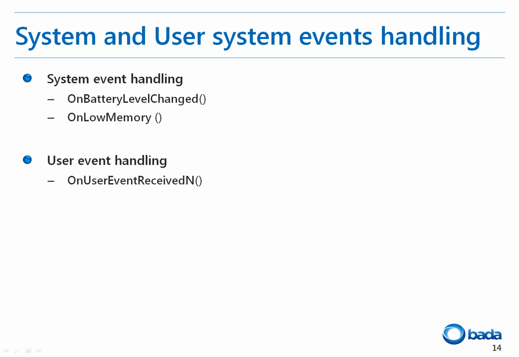To address the low memory state, the application can free unused memory from the heap in this event handler. To handle user events, we have the OnUserEventReceivedN event handler. This event handler is called asynchronously when the user event is sent by the SendUserEvent method.